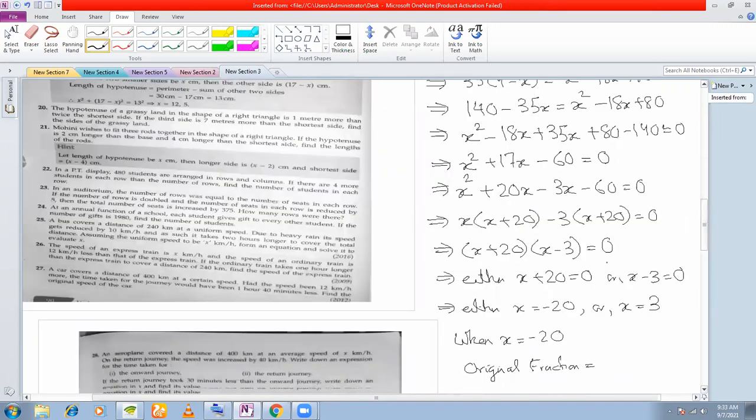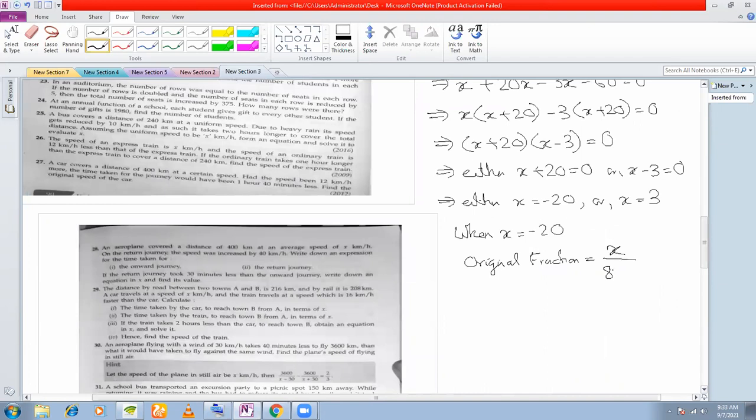We are going to put it here, which is equal to minus 20 by 28. And you can cancel this with 4. You're getting minus 5 by 7.